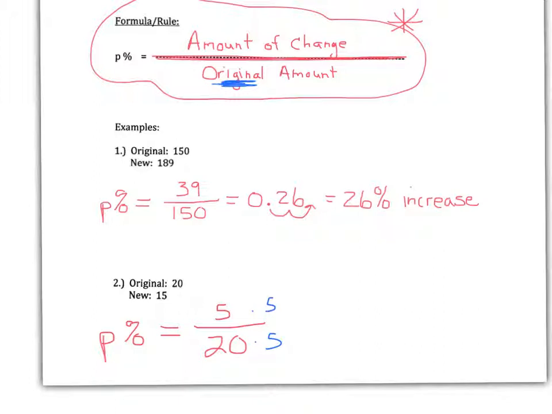So you multiply the top by 5. You get 25 over 100, which is 25%. And don't forget to include here that it decreased. It went down. Originally it was 20, and new is 15. That's a decrease. All right, I hope this is helpful. Good luck with your homework.